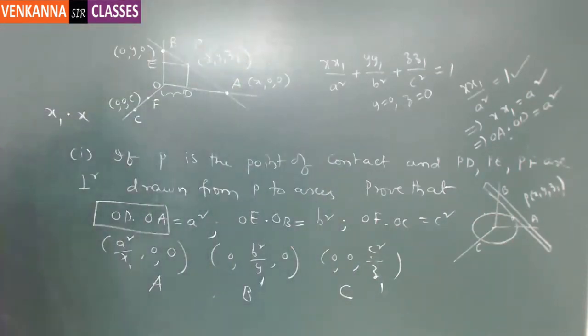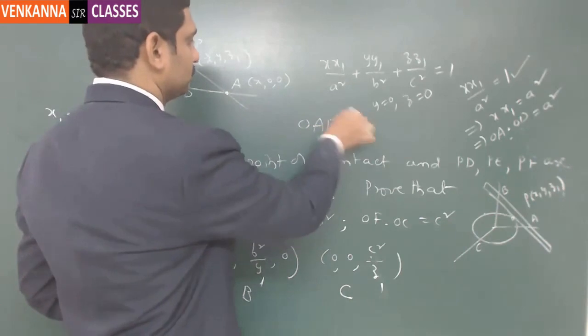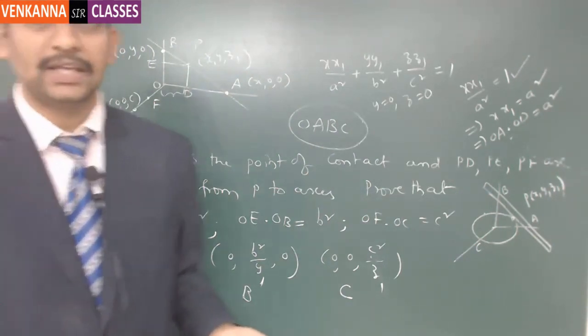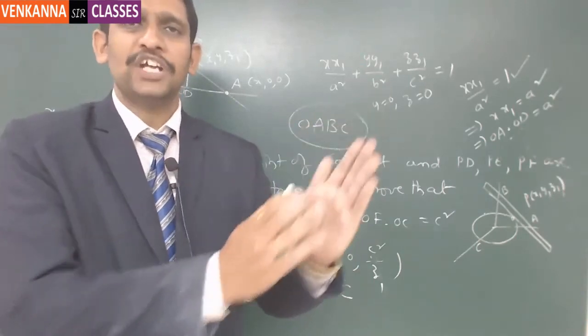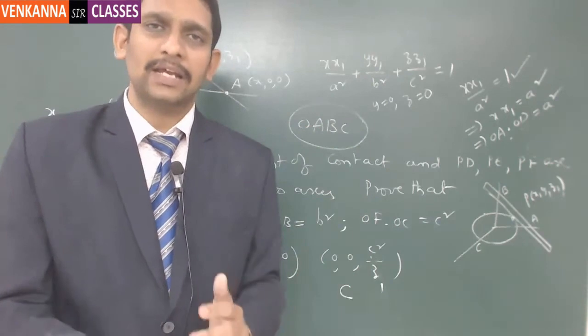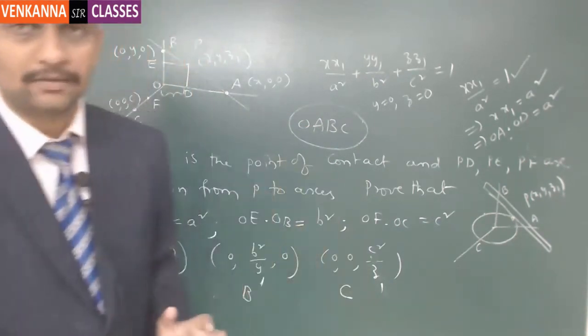Now if the question is asked to find the locus of the centroid of, say, tetrahedron OABC, the same problem statement is there. Apart from calculating the centroid of the triangle, it is given that we calculate the centroid of the tetrahedron.